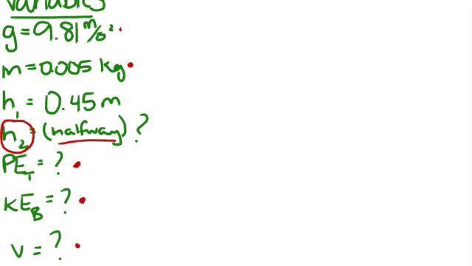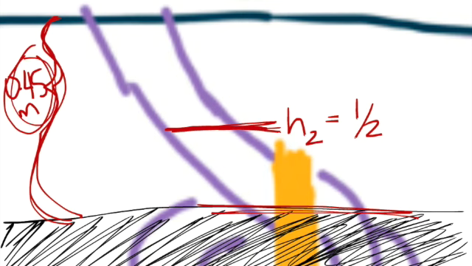So first of all, let's find the halfway height of this descent. So, because we are looking for the halfway down, let's say this is H2, all we need to do is take half of the total height of the descent, which is 0.45 as earlier stated, so like 1/2 of H1.